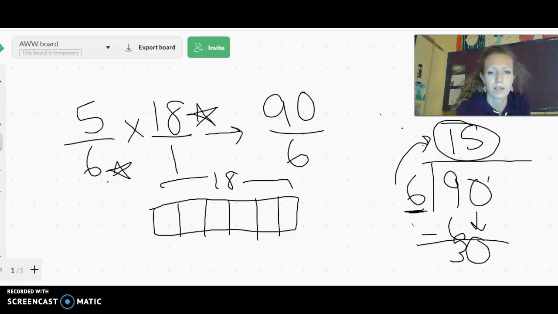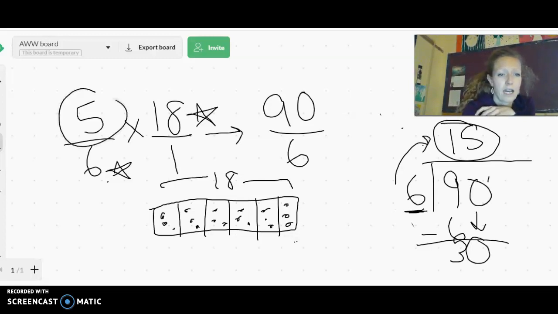Let's see how many I would get in each section. 1, 2, 3, up to 18. And we kind of know that, right? Because 6, the amount of sections, times 3, the amount of dots, equals 18.